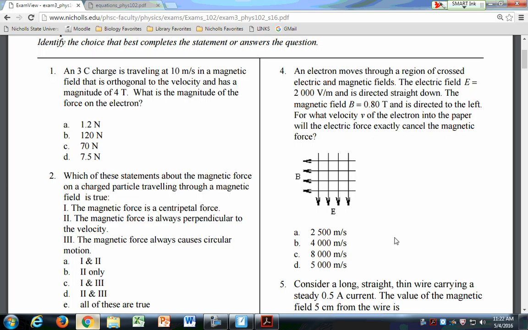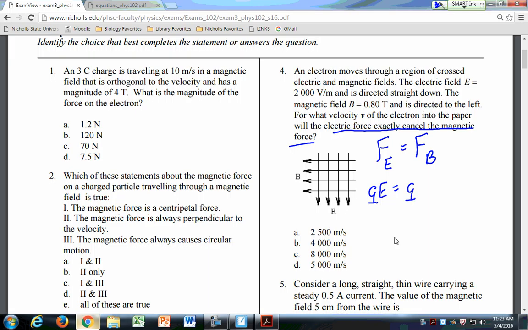Okay, so you had to do a couple things. First, you want your electric force to equal your magnetic force. We want them to be equal but opposite, because the electric force exactly cancels the magnetic force. The electric force is QE.